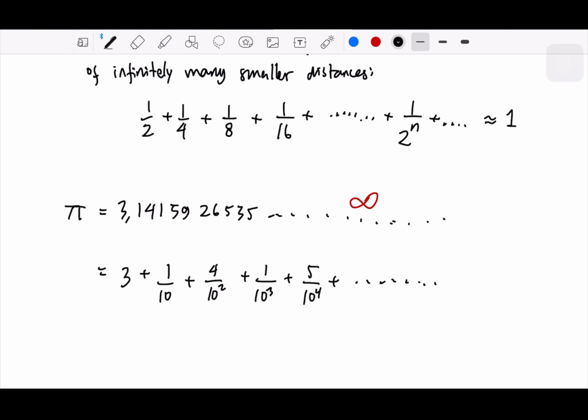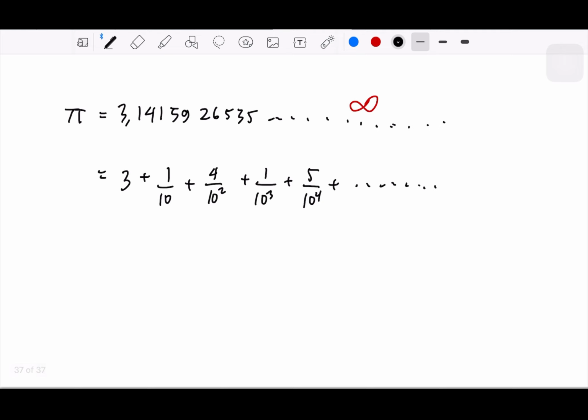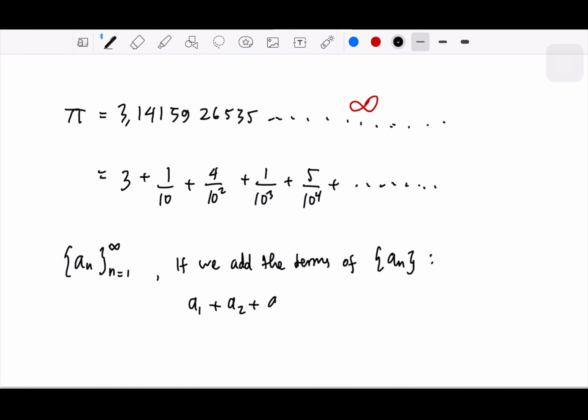So this gives an idea, or some conclusions, that if we add the terms of this infinite sequence an, we get this expression a1 plus a2 plus a3 plus a4 plus an plus and so on.